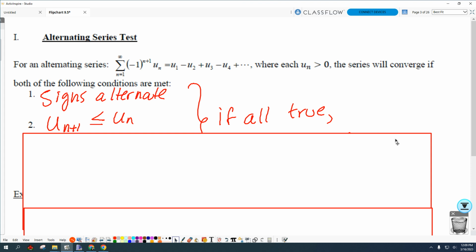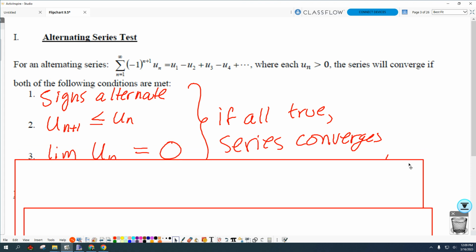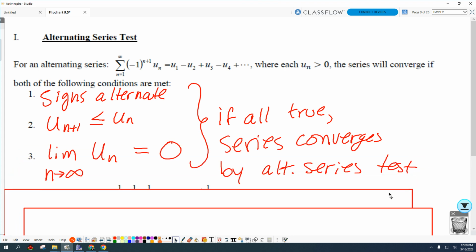And then the last thing looks like that nth term test. The very, very last term at the end of time, the limit as n goes to infinity, that nth term has to be approaching 0. For number 2, does it mean absolute value bars as well? These guys are all, as they declared them, all positives.